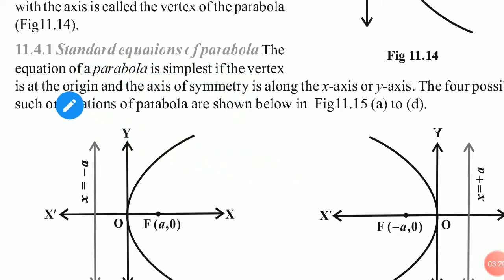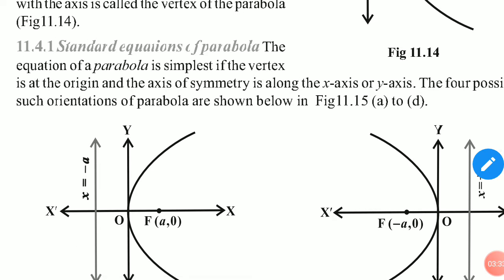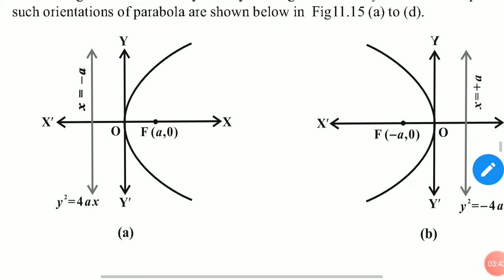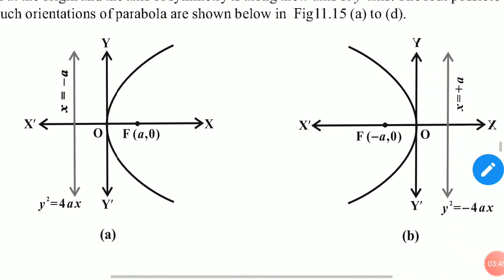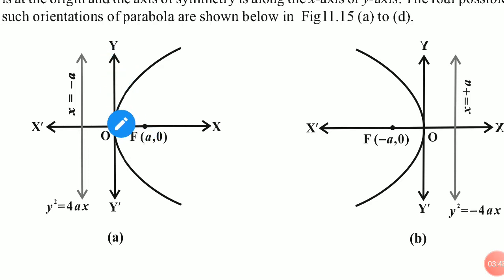Now suppose you read: the equation of parabola is the simplest if the vertex is at the origin and the axis of symmetry is along the x-axis or y-axis. The four possible such orientations of parabola are shown below. If you draw this diagram on the coordinate axes, you know about the coordinate axes, this is x-axis and this is y-axis, there are four possible ways we can draw this diagram.